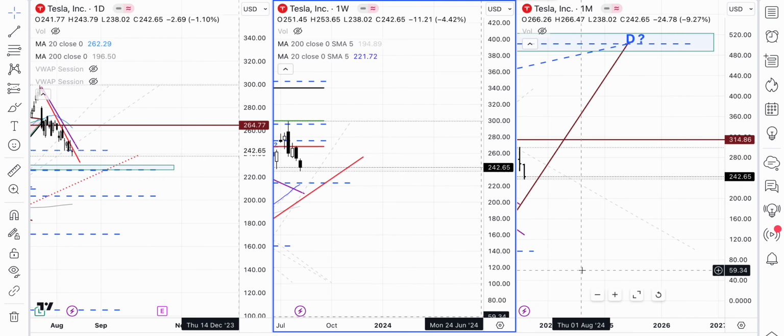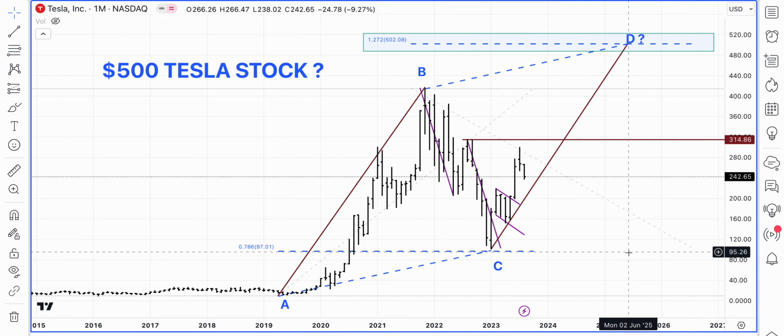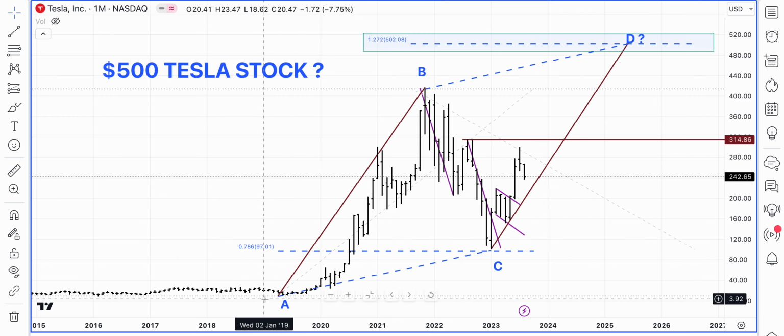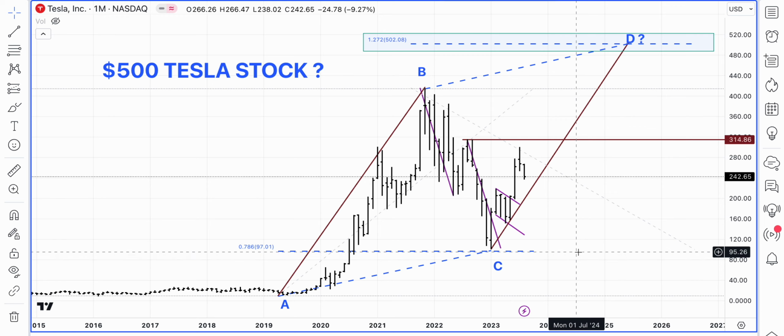And if we look at really longer term, the monthly chart, this is what we're looking at. There still remains a possibility, as long as this is a really longer term chart, so one has to be very patient, and it's more for people who are more investors.